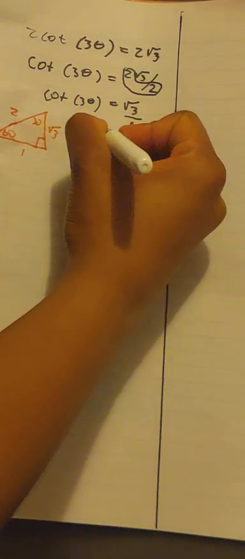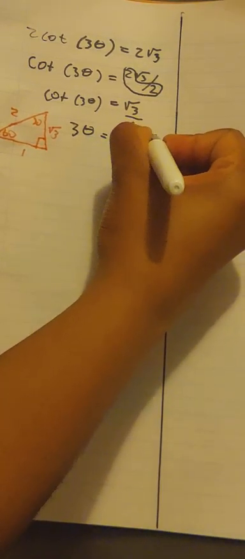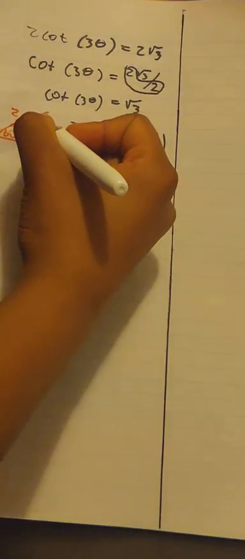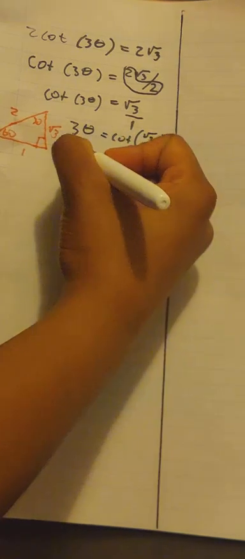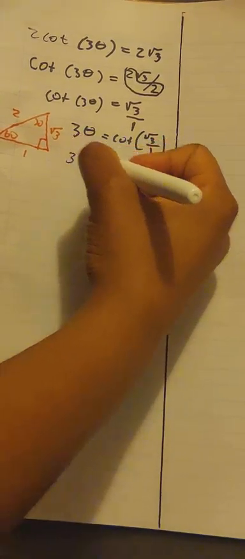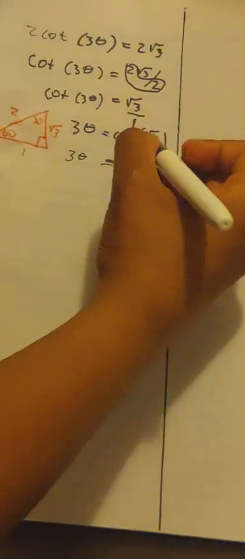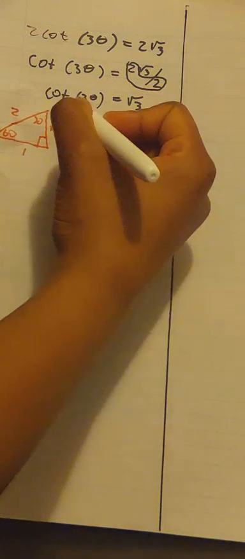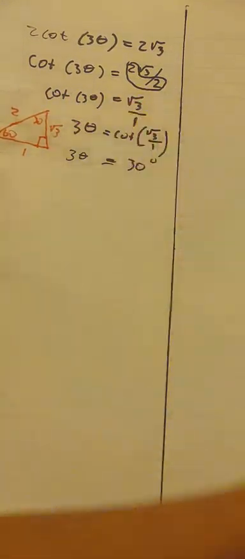So this 3 theta, cot of root 3 over 1, is equal to 30 degrees. So 3 theta is left. So cot here is positive.